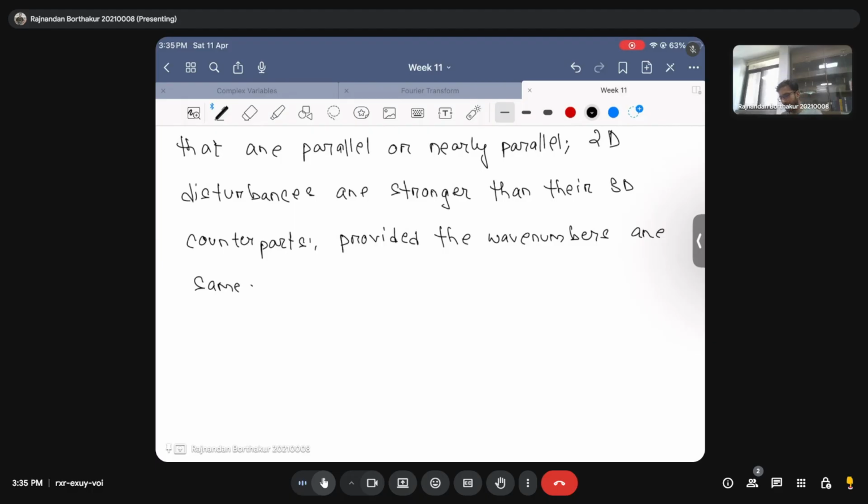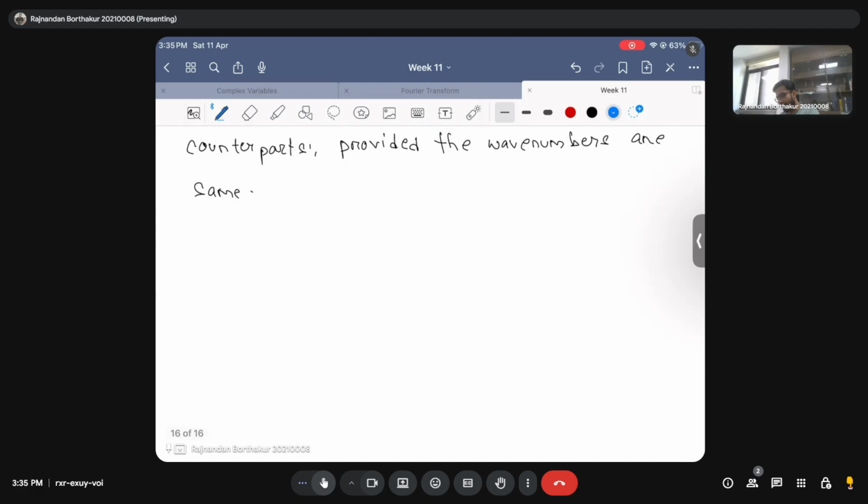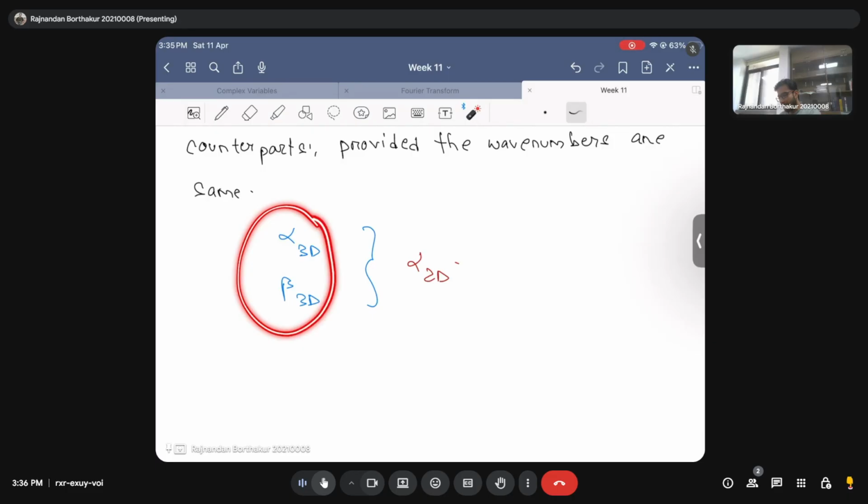Okay, what it means is that in my 3D problem, let's say I have a wave number alpha 3D and a wave number beta 3D, then the effective wave number in 2D would be alpha 2D. Now for Squire's theorem, the magnitude of alpha 3D and beta 3D, which is nothing but square root of alpha 3D squared plus beta 3D squared, has to be equal to alpha 2D.